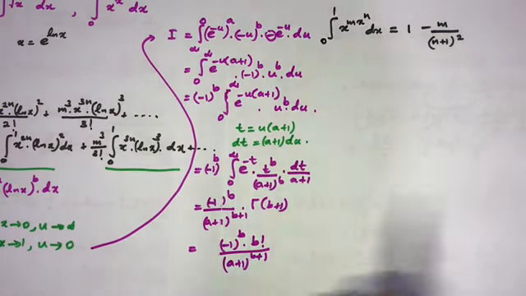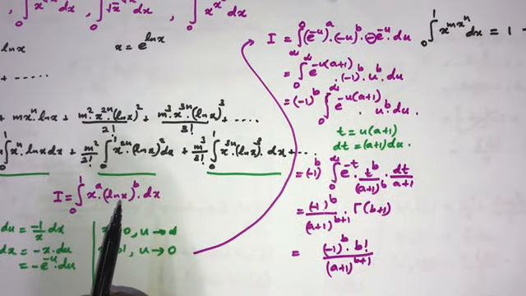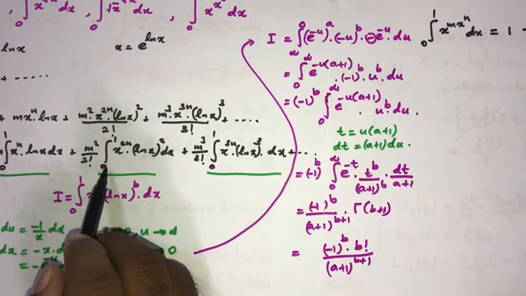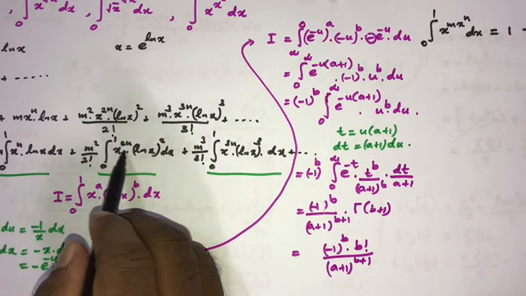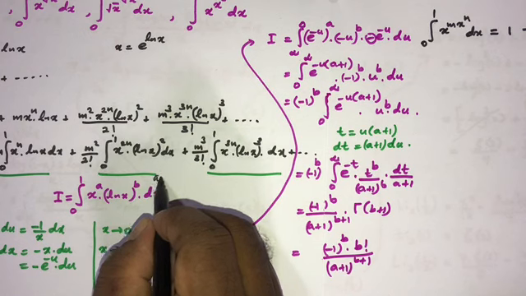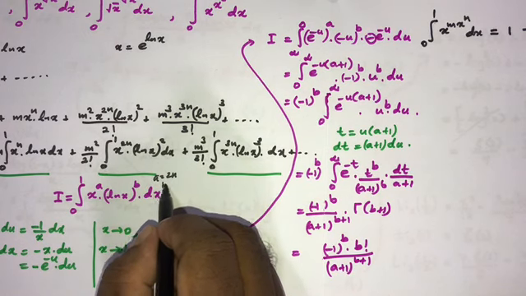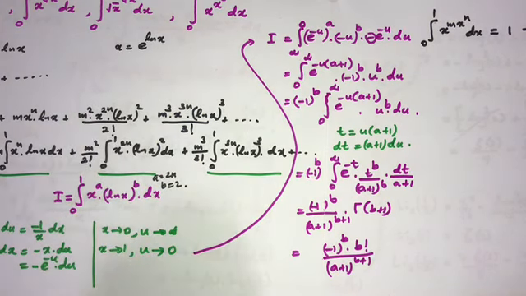Okay, now for the second integral, we know a is equal to 2 times n and b is equal to 2.